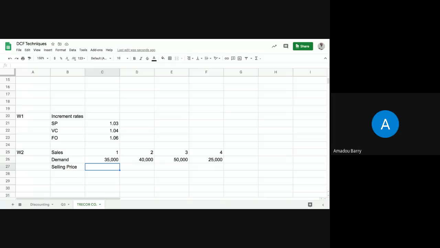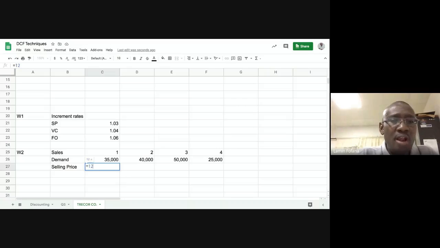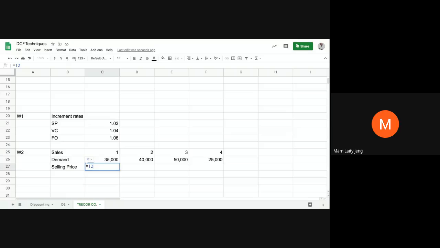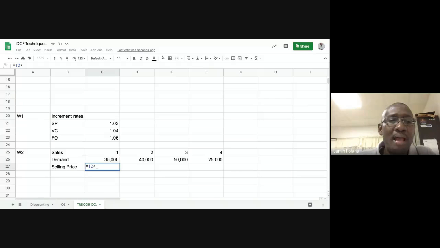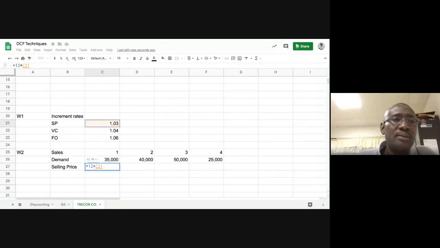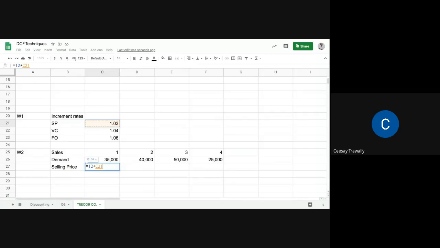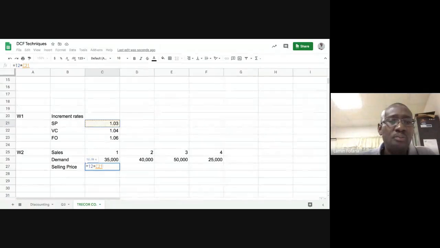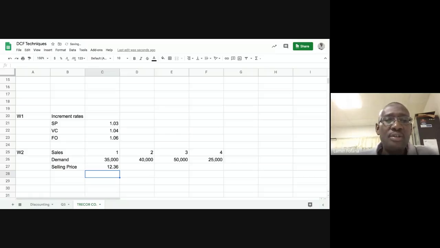It will be 12 multiplied by 1.03. That's it. So that's 12.36.